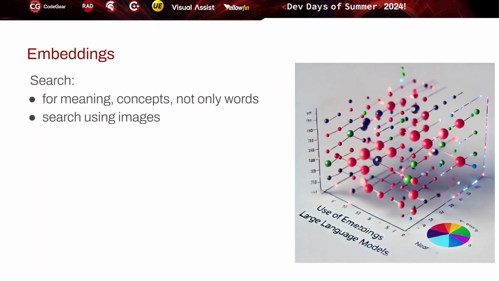And that gives us the ability to search for meaning and concepts, not only words. Let me explain. If I want to search my product list for, let's say, a camping tool, a camping feature, right?